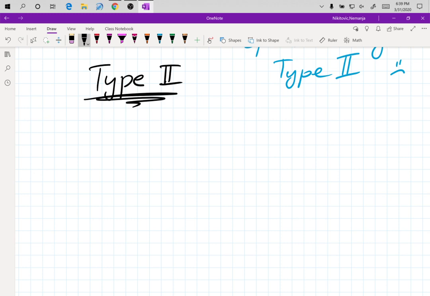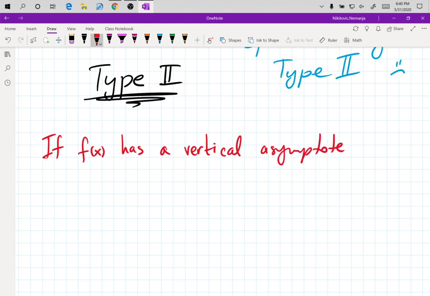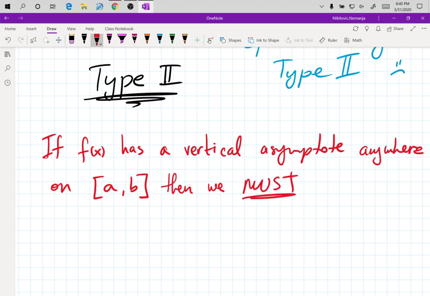So let's go this way. If f of x has a vertical asymptote anywhere on [a, b], including the endpoint, so this is a closed interval, then we must use the type 2 procedure.